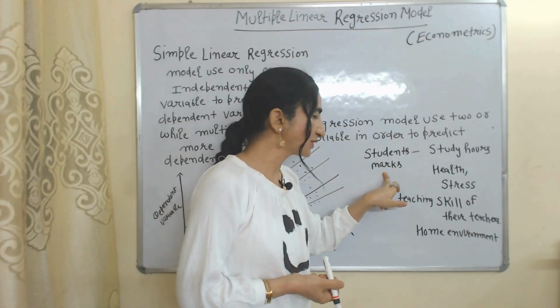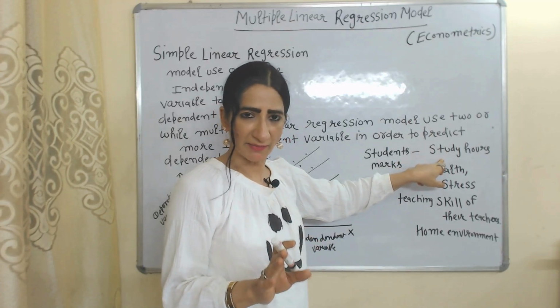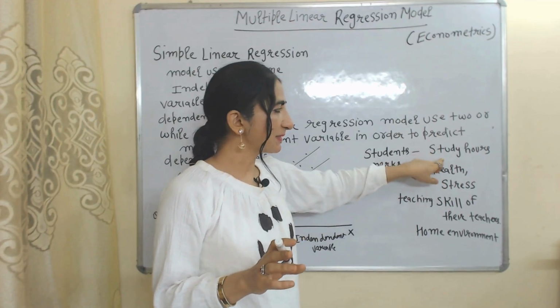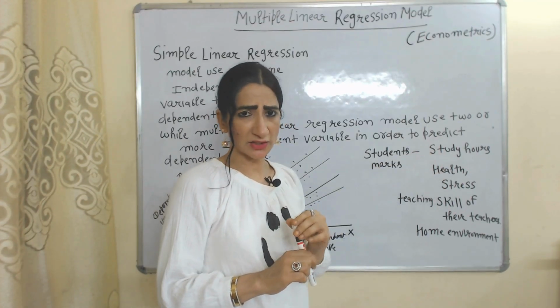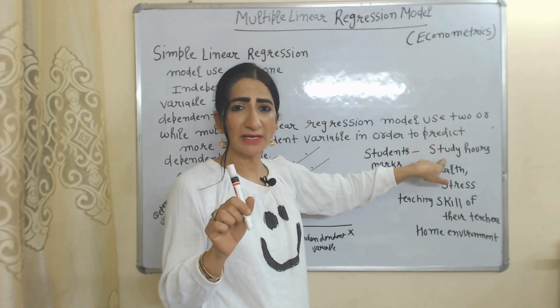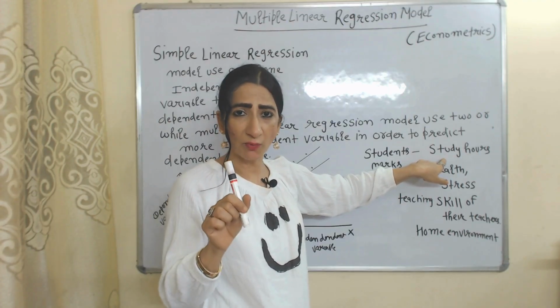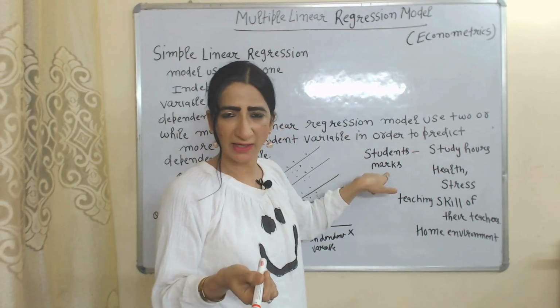For example, student marks are the dependent variable, and study hours are the independent variable. That means student marks depend on how much time they spend on study. A simple linear regression model uses only study hours, that is, only one independent variable, to predict the dependent variable.